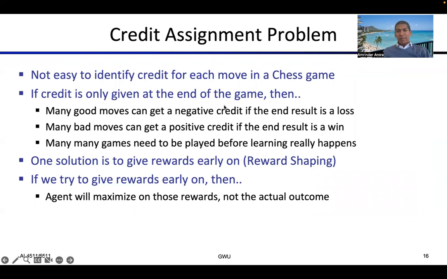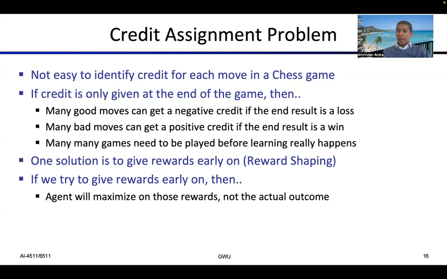Another key idea, one of the last ideas we touch upon today, is called the credit assignment problem. And the problem here comes from sparse rewards. Whether you're considering a game of Pong or a game of chess, many times it can happen that the agent can have many moves. Perhaps it even gets into a position of advantage or disadvantage, but then ends up losing or correspondingly winning the game.